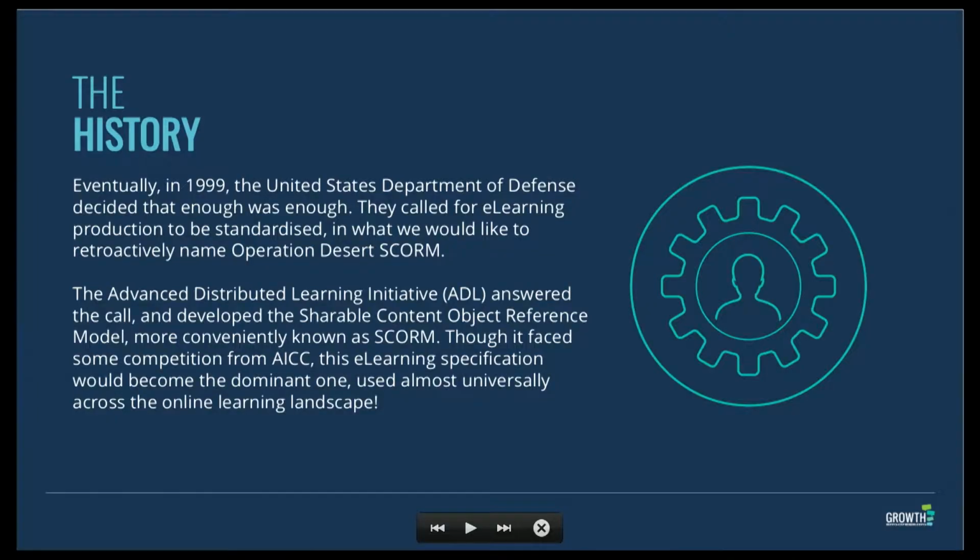Just a little bit of the history: SCORM came from the US. It was paid for by the United States Department of Defense, who were seeking to define how learning programs could be reported on. It was created by the Advanced Distributed Learning Initiative, ADL.